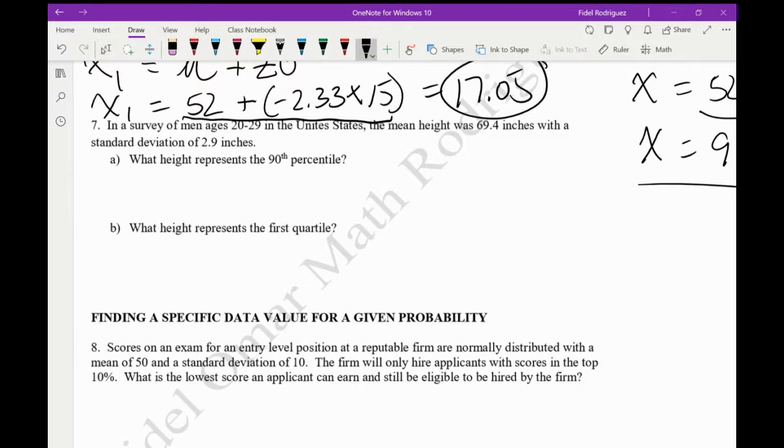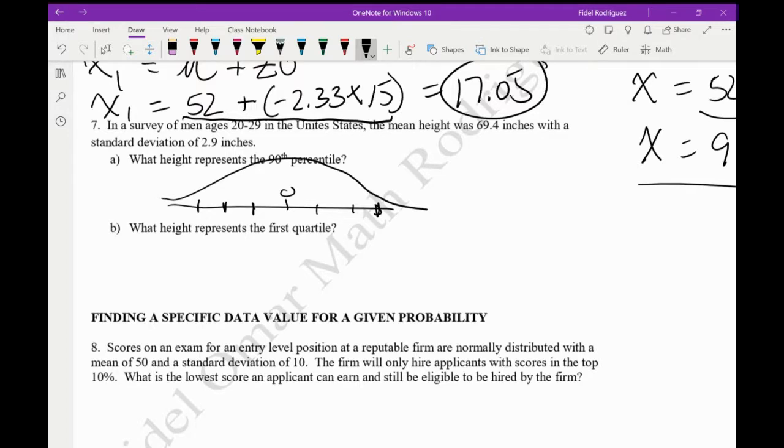Okay, so first thing I'm going to do, I'm going to draw my standard normal curve. Here's my curve. Here's my 0, 1, 2, 3, -1, -2, -3.